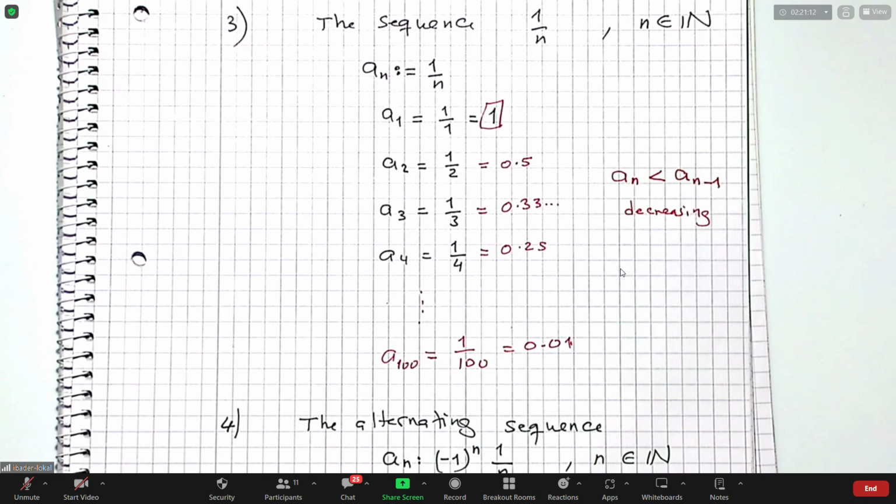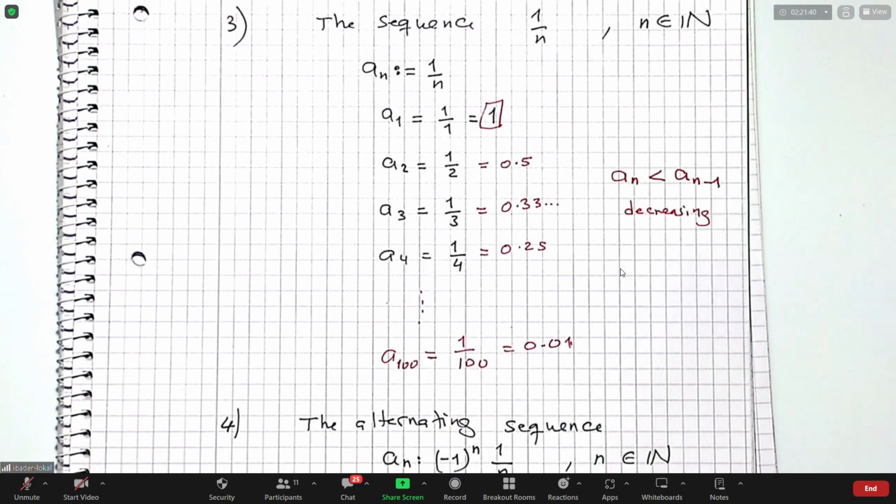If it's an odd position, it will be negative. If it's an even position, so to the power 2, 4, whatever, then you will be getting negative squared, which will be positive. And this is how alternating sequences are usually generated. Use the fact that -1 to the power odd is -1, -1 to the power even is +1.